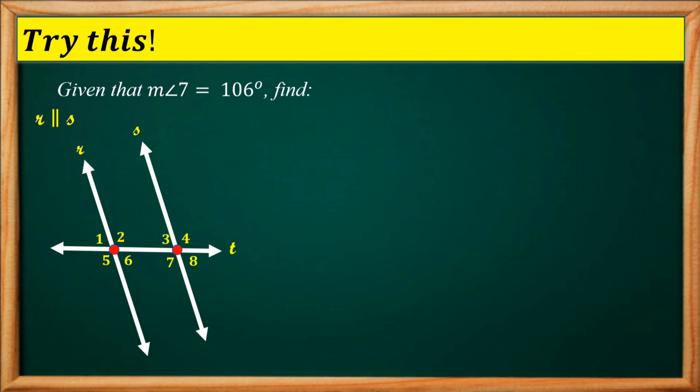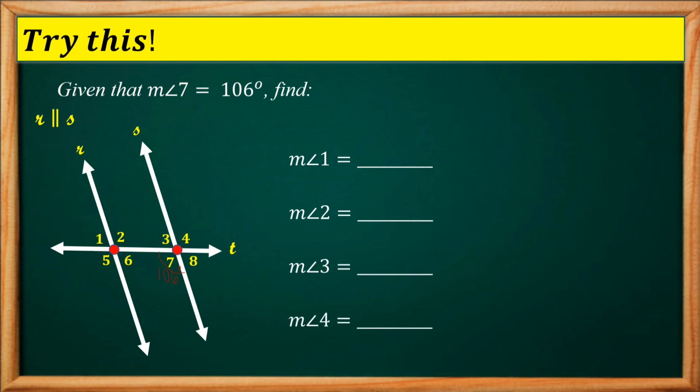Given that the measure of angle 7 is 106 degrees, find the measure of angles 1, 2, 3, 4, 5, 6, and 8.